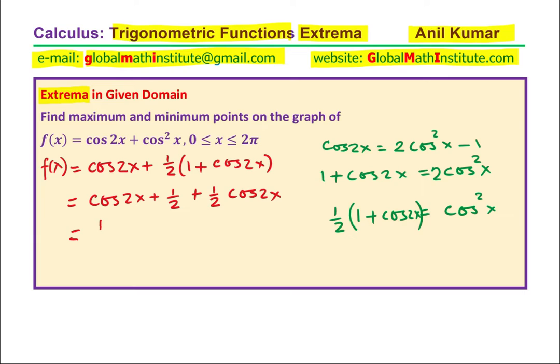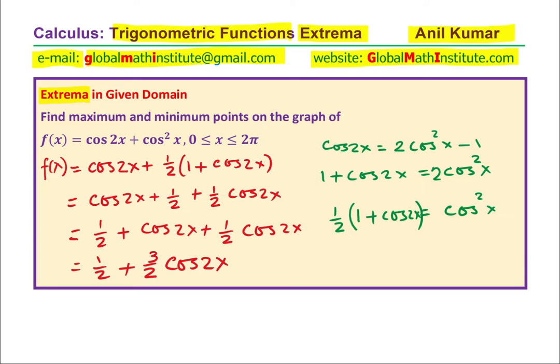So combining, we get half plus cos 2x plus half cos 2x, right? Which is half plus 1 plus half is 3 by 2 cos 2x. So you see the first step.